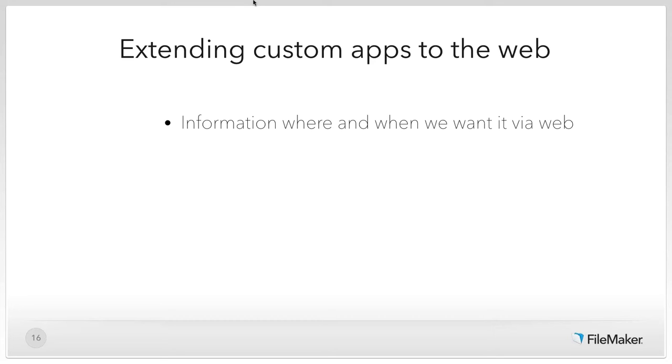So you can have people that are close to the organization, the headquarters team, in this case maybe the admin team of the school, and they can look at it within FileMaker Pro. They don't need to look at it in a browser, while of course the parents aren't going to have a copy of FileMaker Pro, so they can use the web portal. And maybe the head wants to use it on her iPhone, and she can use FileMaker Go. So the information is where and when you want it. So I think that's a tick.